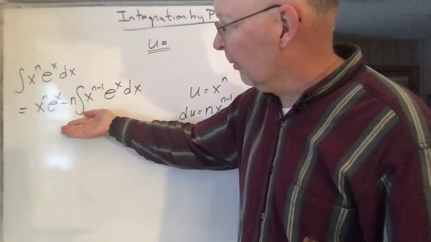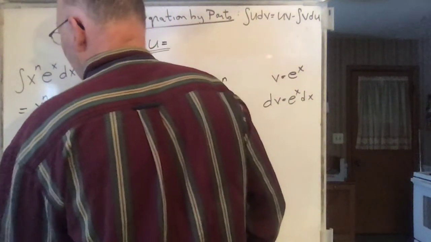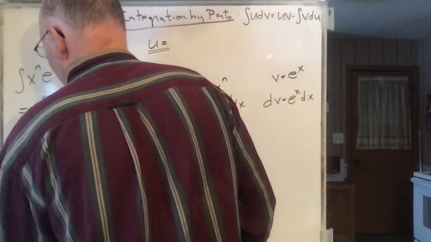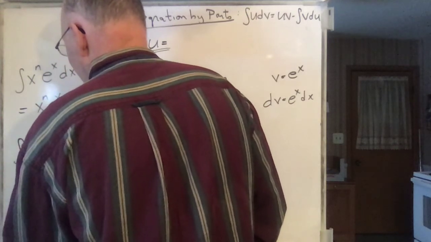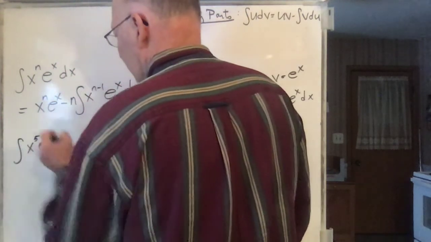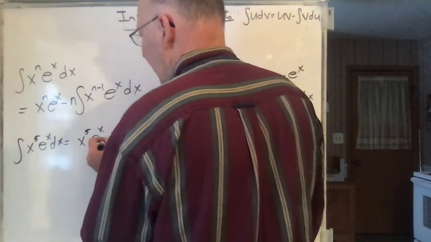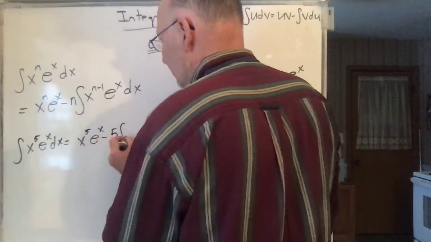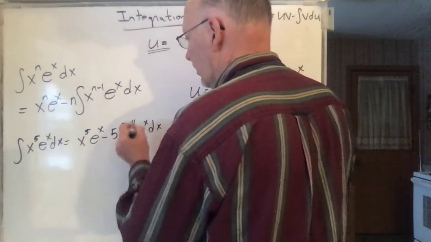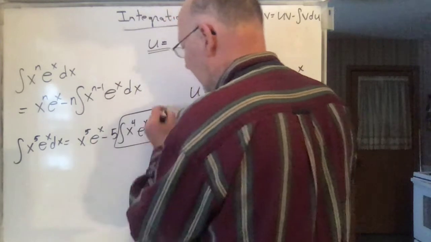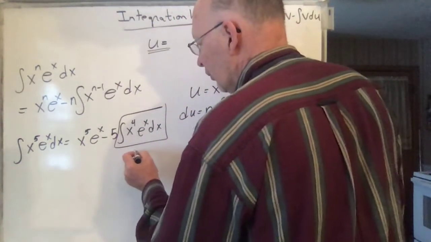You just use this formula. Let's do it for the 5th. What would you get? So the integral of x to the 5th power e to the x dx is equal to what? It would be x to the 5th times e to the x minus 5 times the integral of x to the 4th e to the x dx. Then you take this thing right here, and again the bookkeeping is really important, and you say, what's this equal to?